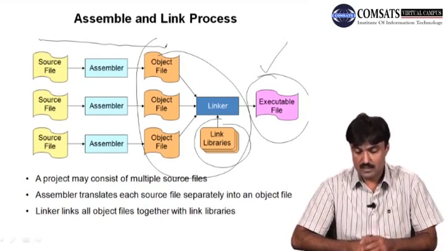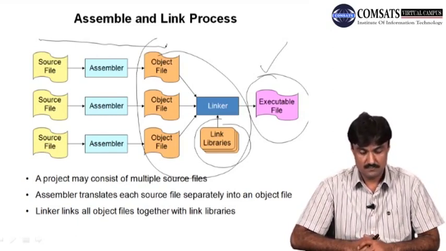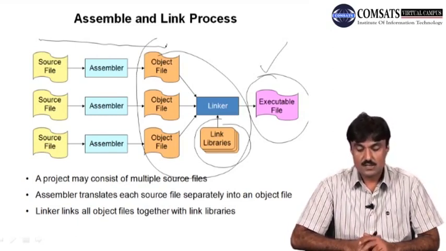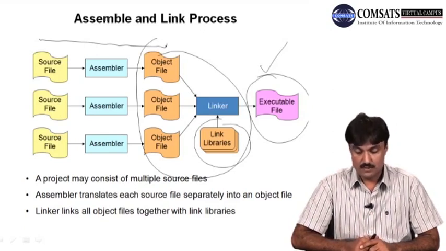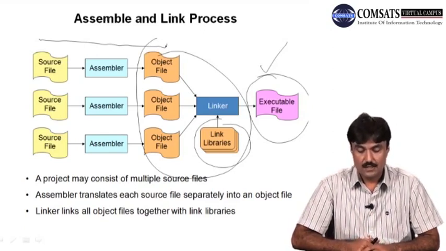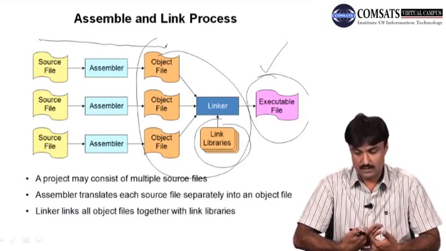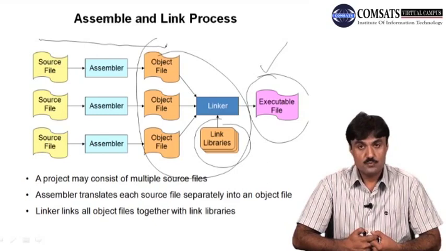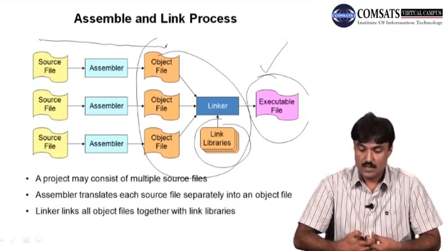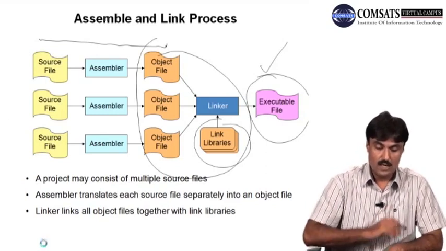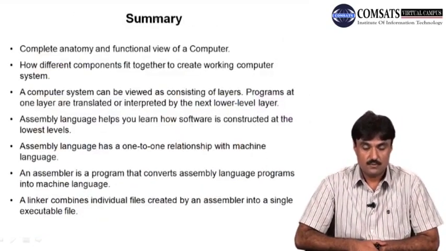So a project may consist of multiple source files. The assembler translates each source file separately into an object file. The linker links all the object files together with the link libraries, and the product of the linker is an executable file which can directly be executed on the machine.